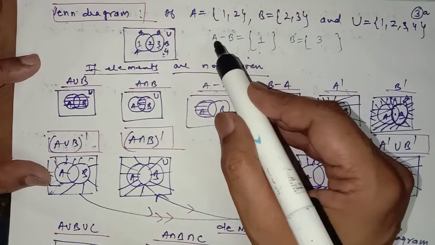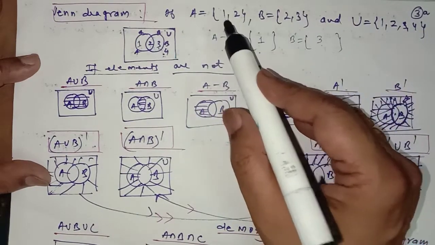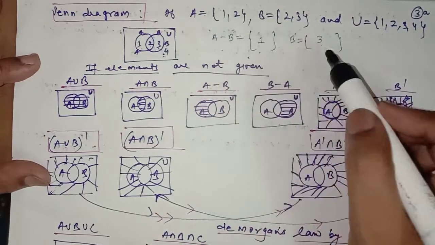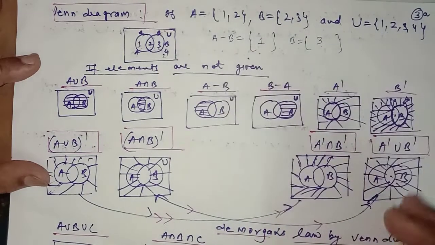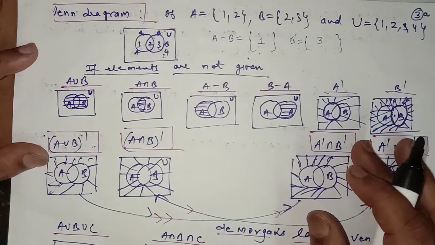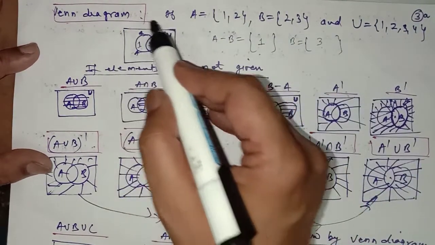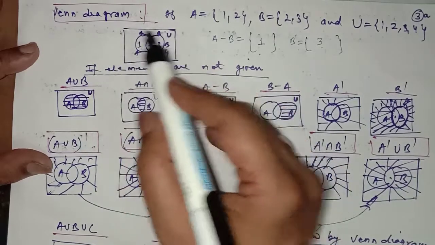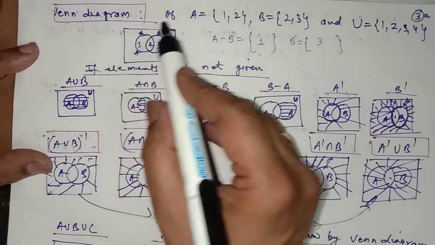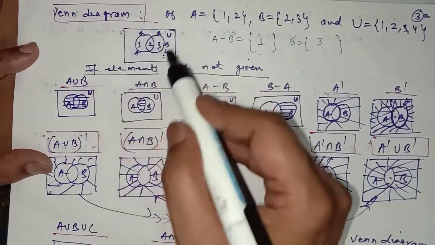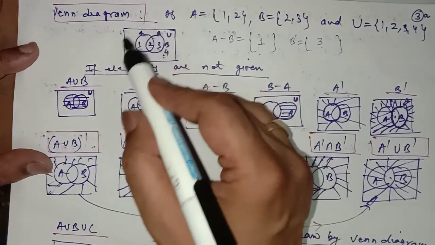Now, A minus B, you can easily tell, is 1, and B minus A is 3. Now you have to represent this in a Venn diagram. We denote the universal set by this rectangle and the sets by these circles.